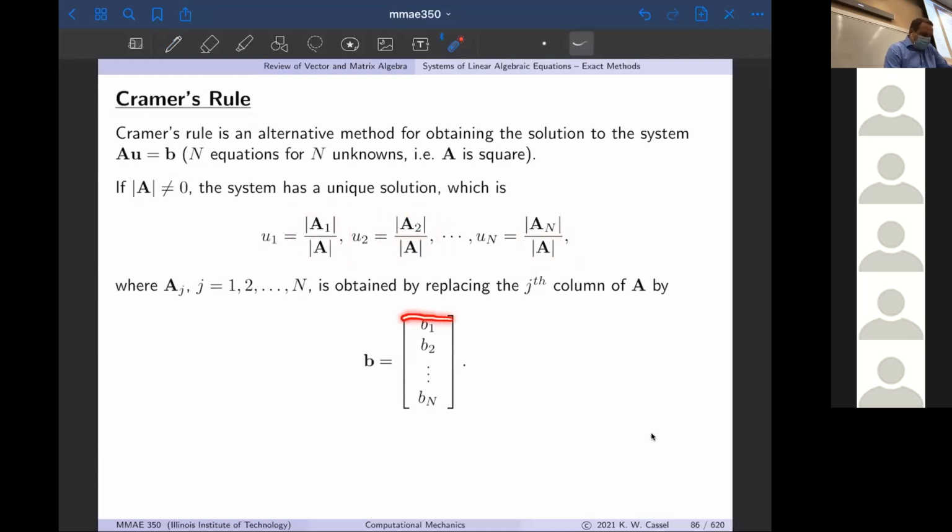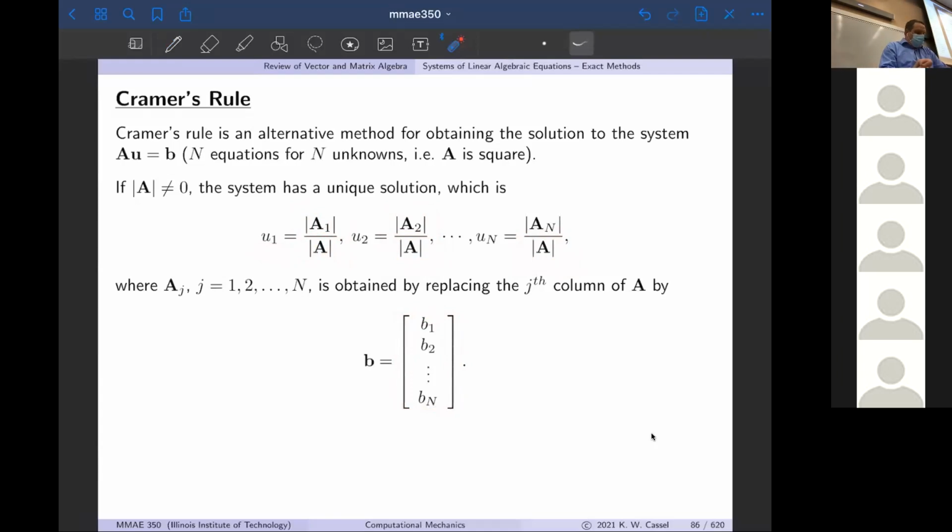What you do is you take the right-hand side vector B and you replace the first column of A. That gives you A1. Take that determinant, divide by the determinant of A, you get U1, and you're done. And because it's so easy to do determinants of 3 by 3 matrices, this is super simple.